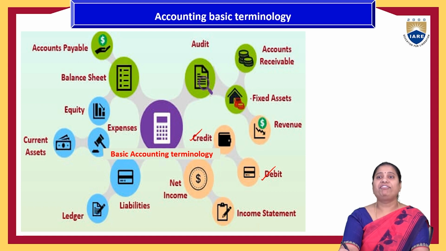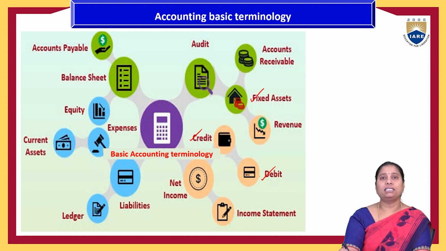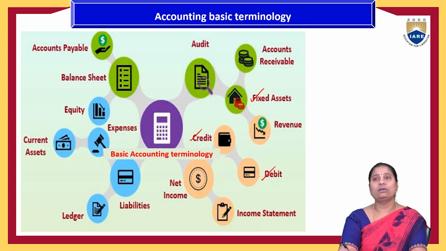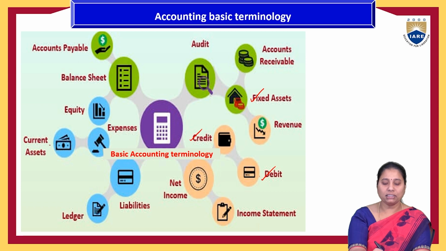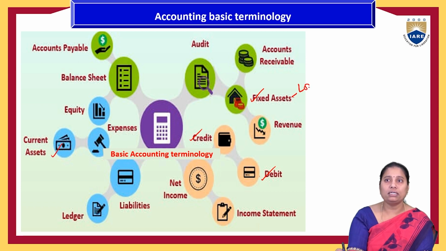Next thing is fixed assets as well as the current assets of the organization. Fixed assets means the assets which are going to be running for long term activities. Generally, in accounting terminology, more than 1 year will be called fixed.